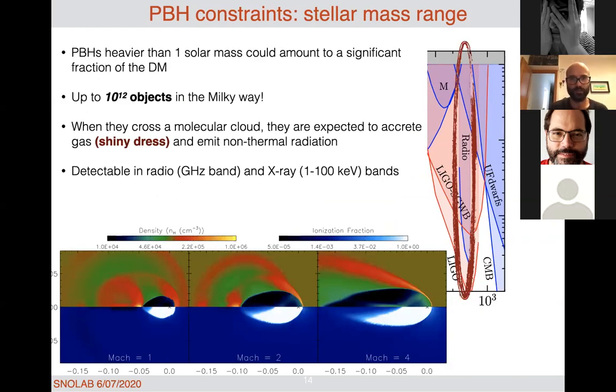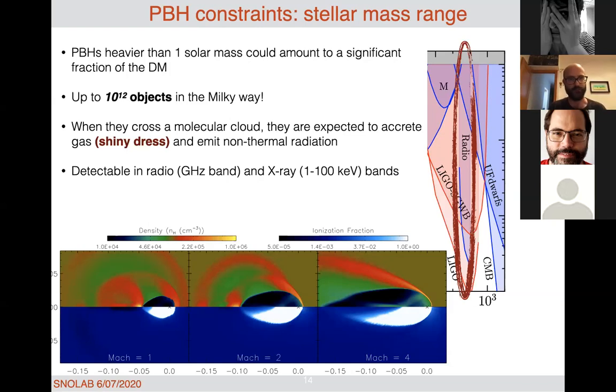And then in the stellar mass range, from 10 to 30, 50 solar masses, that's where the shiny dress enters the game, because we recently developed an upper limit on the abundance of black holes in this mass range using this argument. The argument is: if black holes in this mass range are a big part of the dark matter, we expect many of them in the Milky Way, like 10 to the 11 or more objects if they are all the dark matter, or the corresponding fraction if they are a subdominant component.